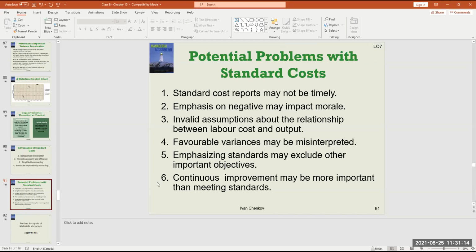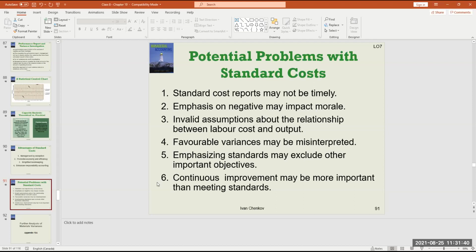The standard cost reports are not fast to produce. They can create a negative impact. And invalid assumptions, if you don't understand those analyses, can break the relationship between you and the employees.